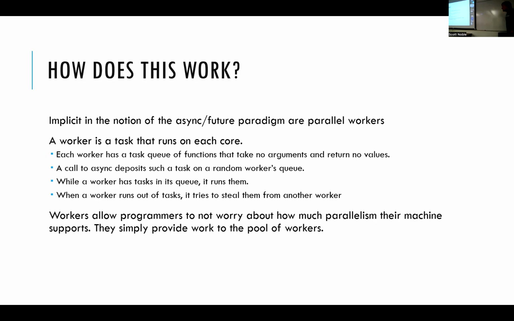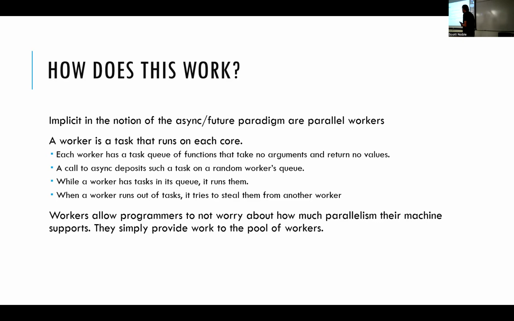So how does this kind of concurrency work? Implicit in the async future paradigm are a bunch of parallel workers. A worker is a task that runs on each of the cores of your computer. It has a list of functions that it can just call, functions that take no arguments and return no values. It pulls one off the stack and does it, one after the other.